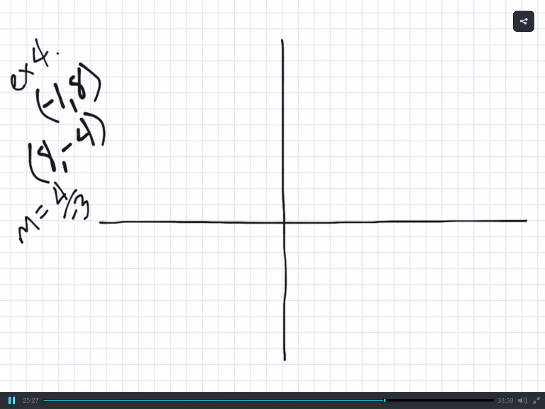If you graph or plot these 2 points and then connect them with a line, then you can count your rise and run to double check that you also get 4 over negative 3 when you do rise and run, okay? So I'm going to plot these 2 points, negative 1, 8, and then I'm going to plot 8, negative 4.